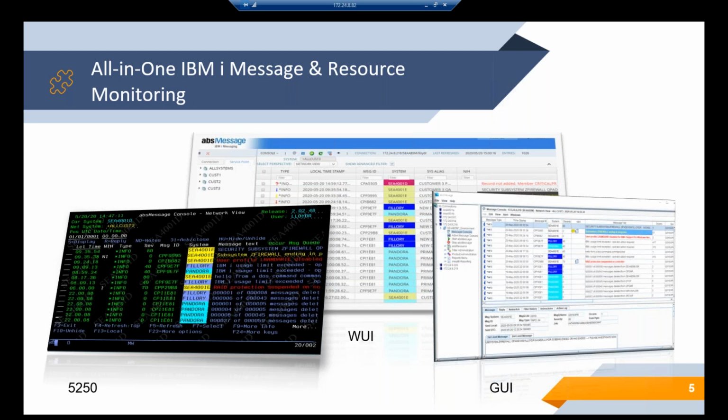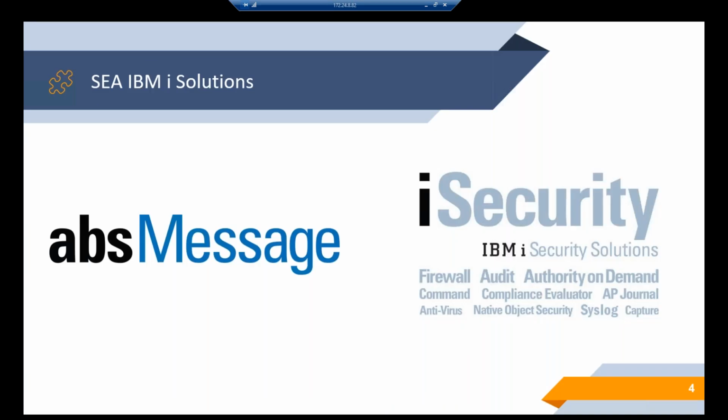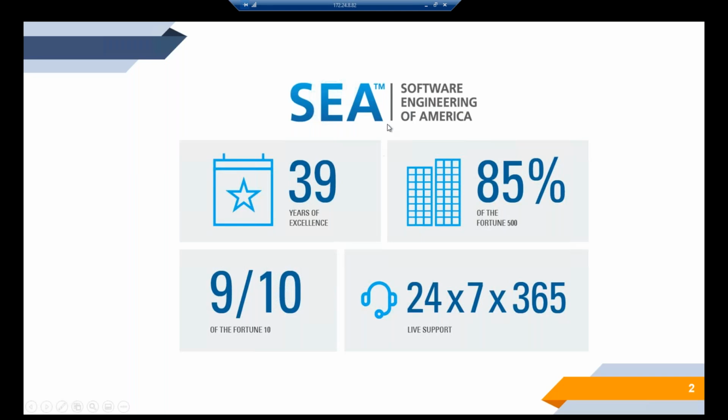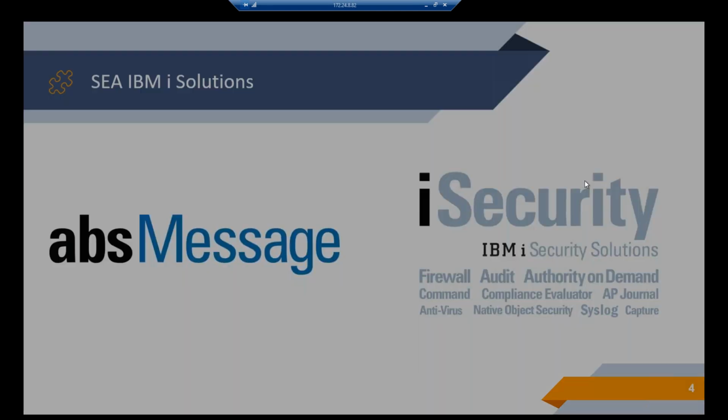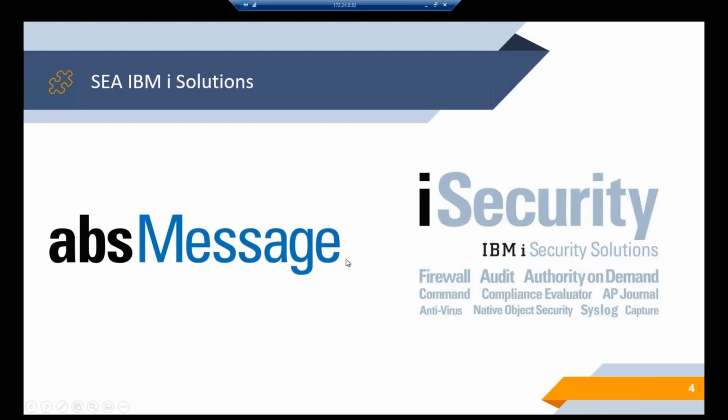So for those of you that missed the slides before, we were talking about our company and the suite of security products we offer together with our monitoring and resource management enterprise solution, ABS Message.